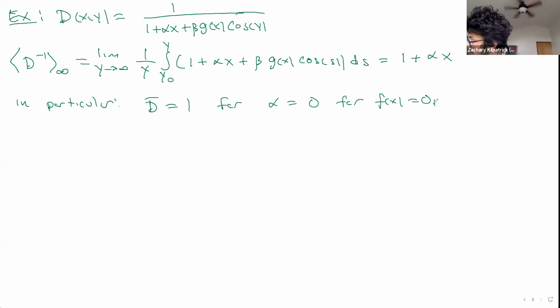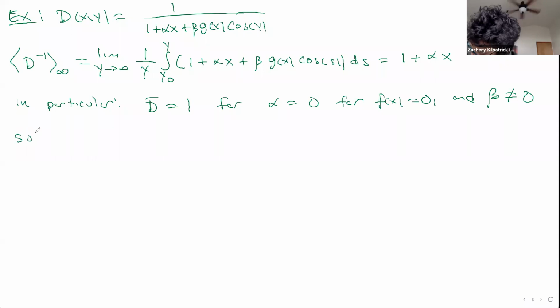and for beta not equal to 0. So let's take that case, just where we have an unforced system, and really we just have this inhomogeneity here. We just want to see what happens when we incorporate that.